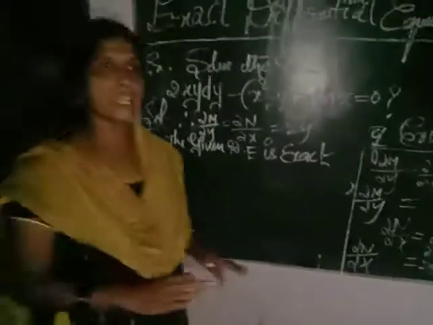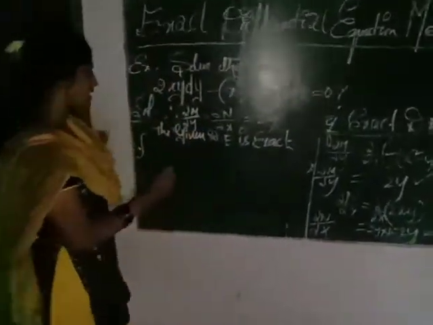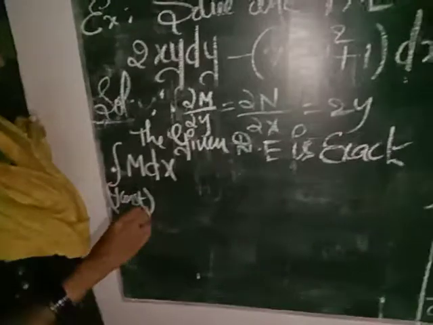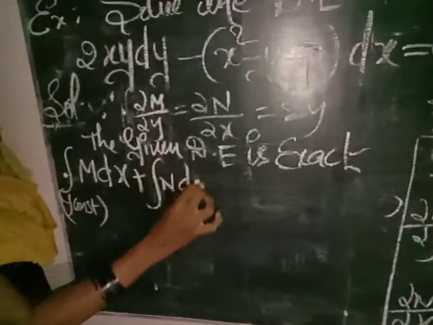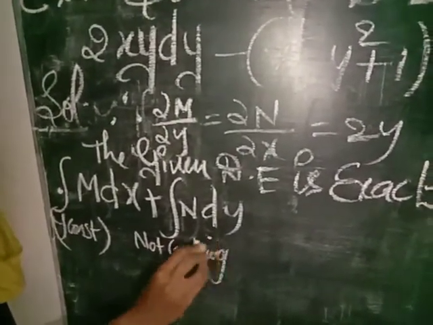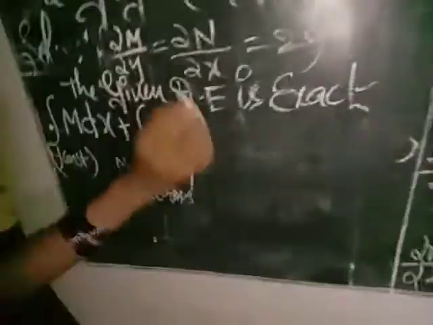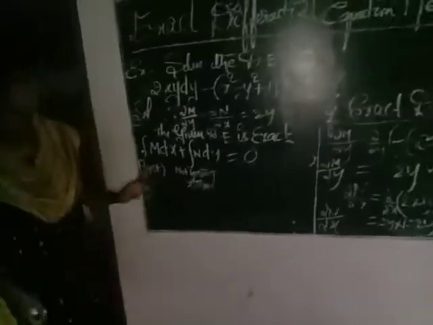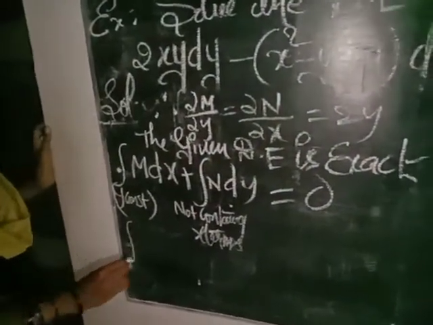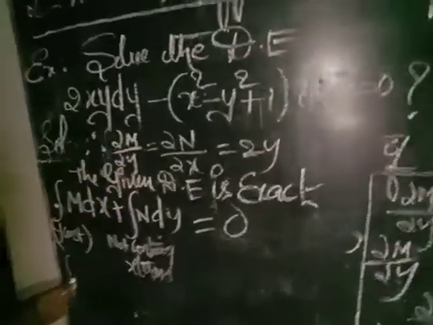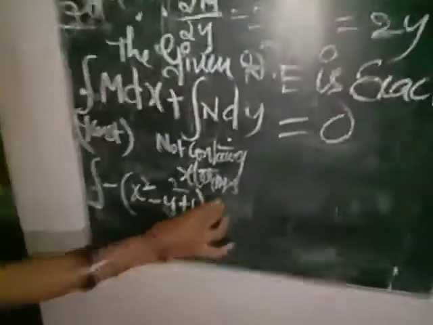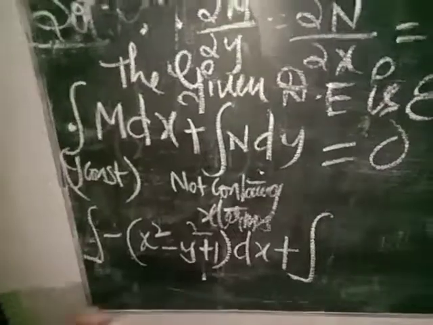Next we find the general solution of the exact differential equation. The formula is integral of M dx, where y is constant, plus integral of N dy, taking only the terms not containing x, equals 0. Substituting the given problem, M is minus (x square minus y square plus 1) dx plus integral of N dy.